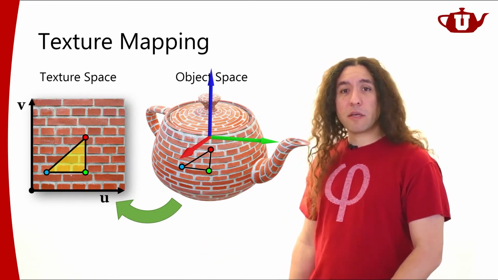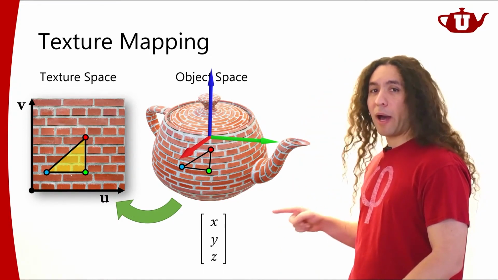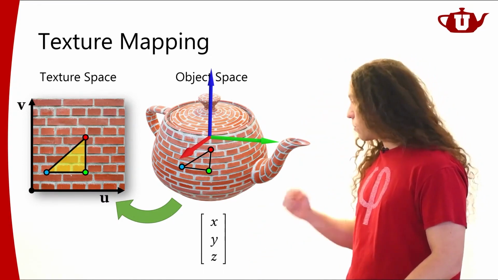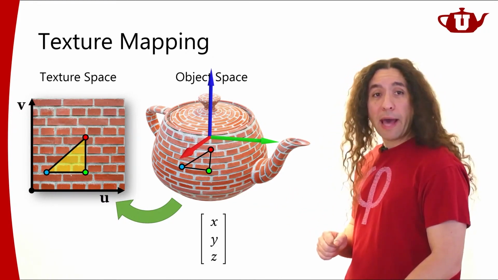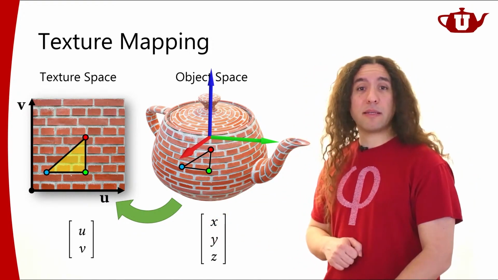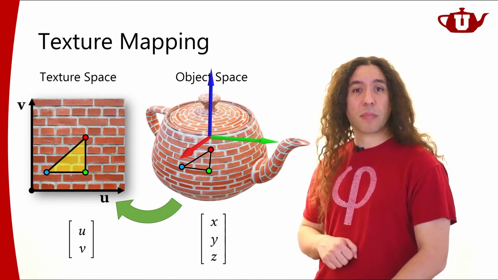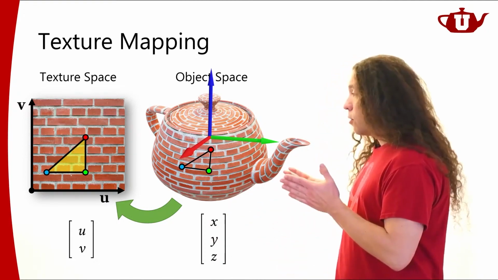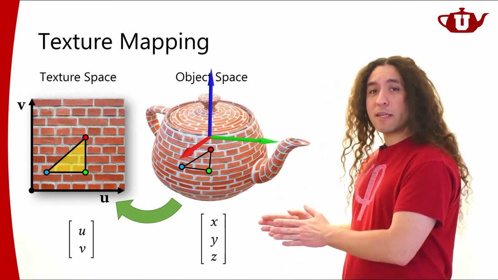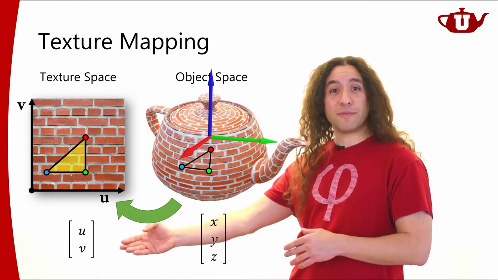All right. So for each position here in the object space that's represented by a 3D vector with XYZ coordinates, I'm going to have a corresponding 2D vector in this UV space with U and V coordinates. So you can think about this as each vertex having a texture coordinate attribute.